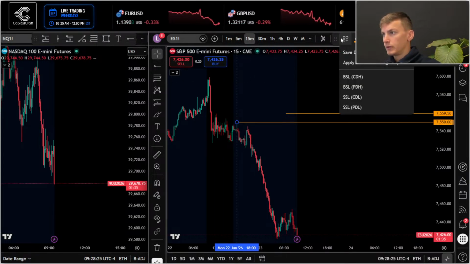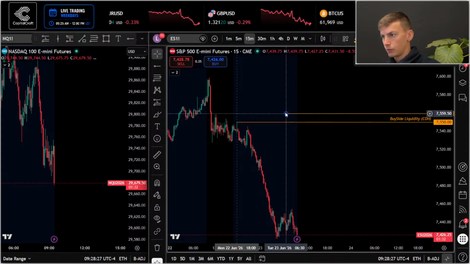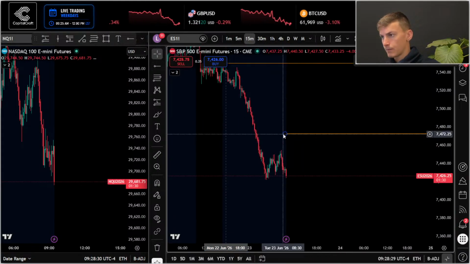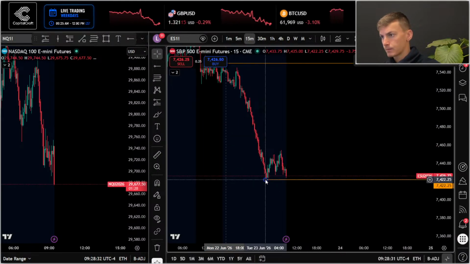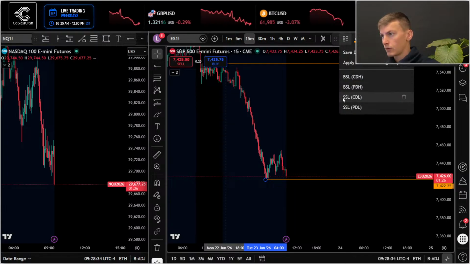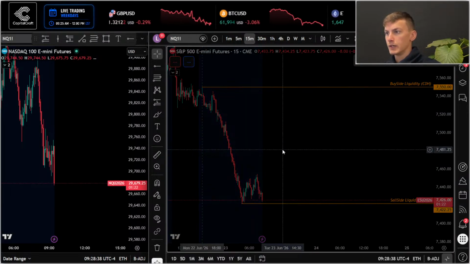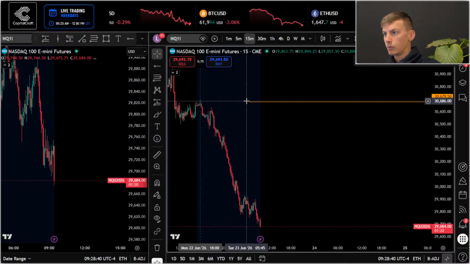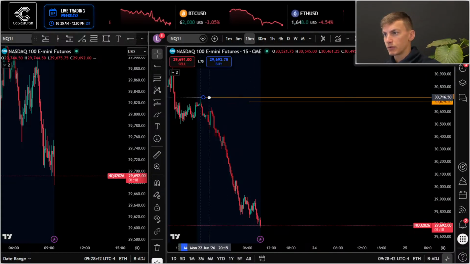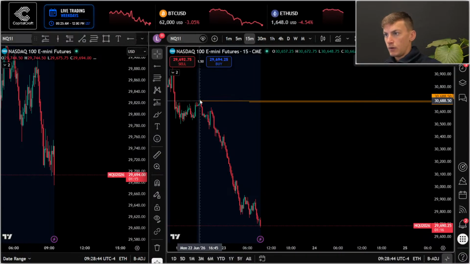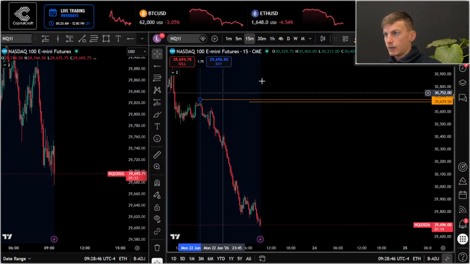And that will be our buy side liquidity in form of current day high. And here we can see sell side in form of current day low. That is for the S&P. We'll go ahead and plot out those same specific levels on the Nasdaq.